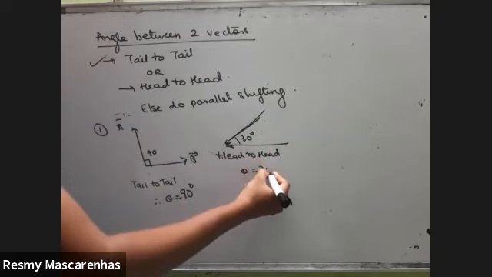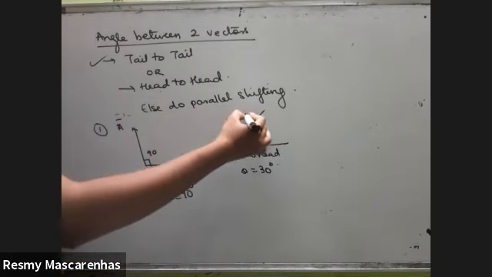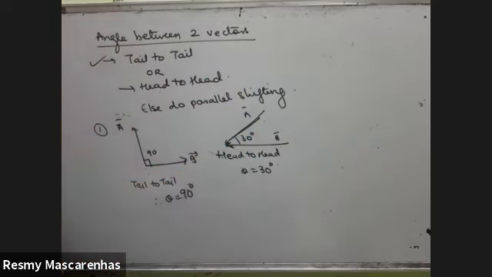Therefore, directly theta is 30 degrees between the two vectors. So this is the second case.